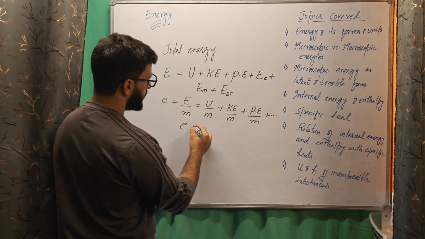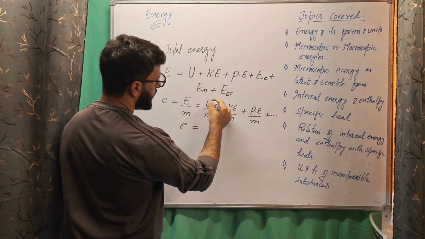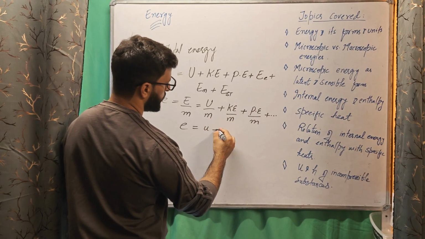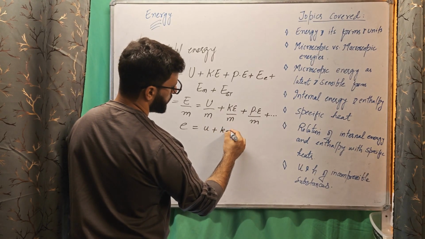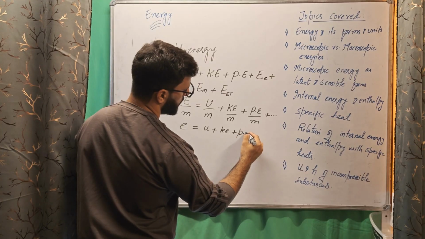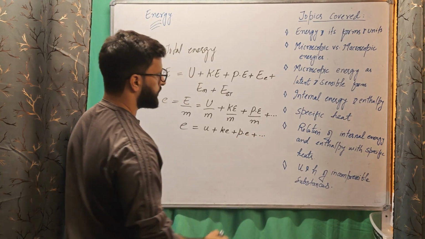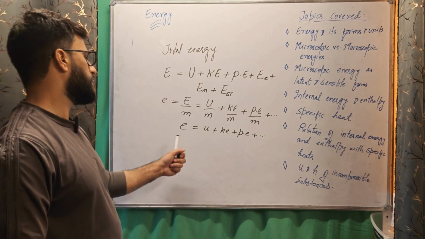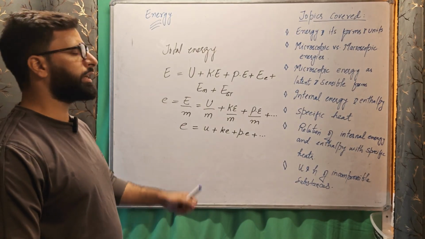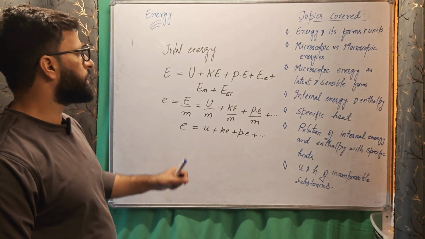So it will be e equal to capital U divided by m, we denote it by small u, then small ke, small pe, etc. So this is the total energy, or specific energy, possessed by a system.